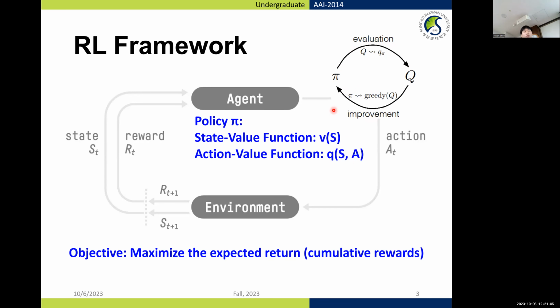Evaluate, improve, evaluate, improve. Eventually the policy reaches a stable state, which is proved to be optimal. Through this process we maximize the expected return, which means we are getting the optimal solution.